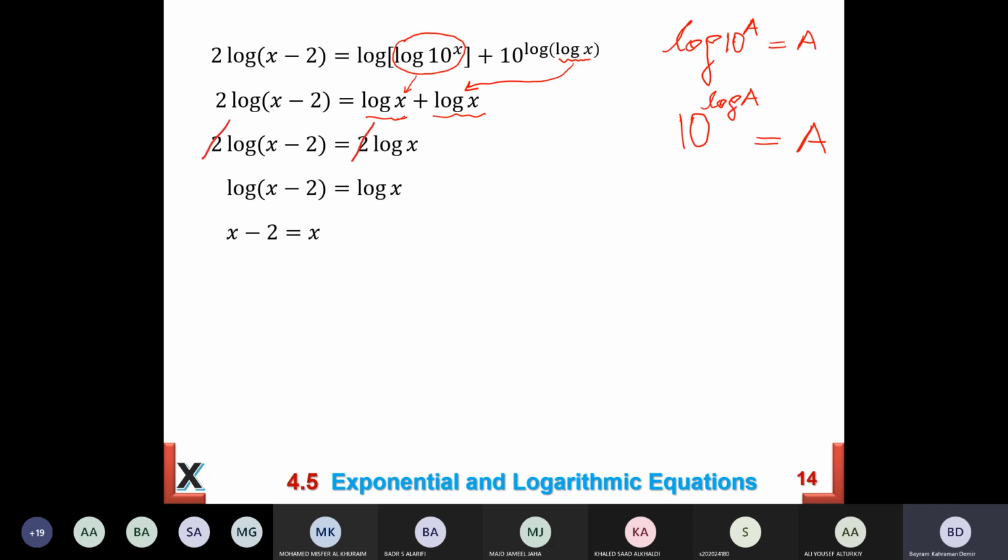It has no solution, because that means negative 2 equals 0, which is not correct. So there is no solution for this logarithmic equation. Sometimes there is no solution. It is normal. It doesn't have to have a solution.